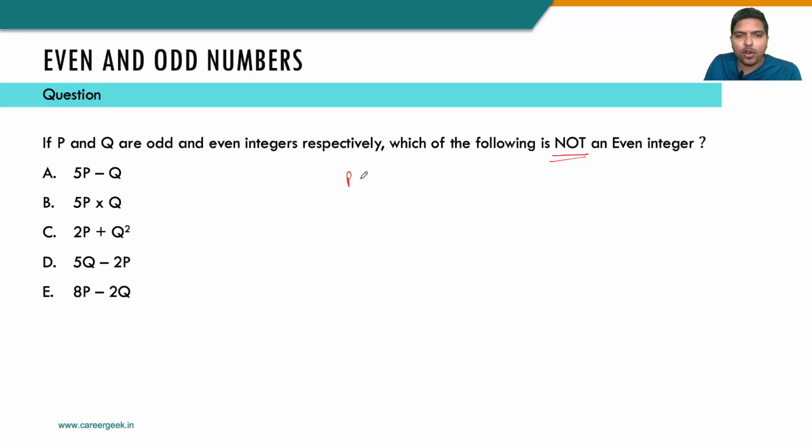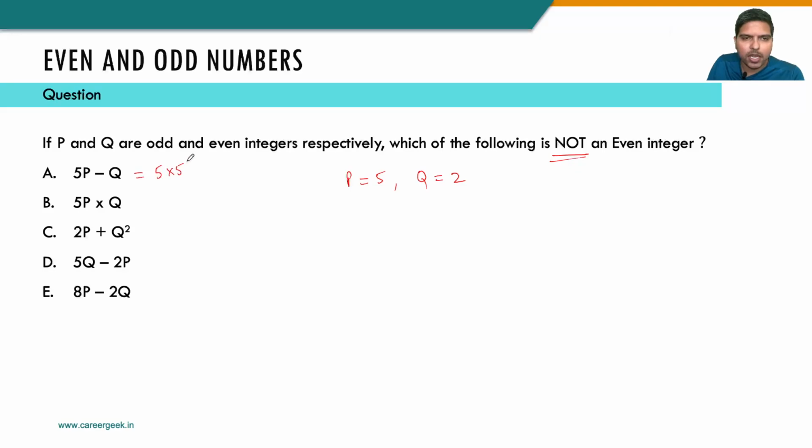P they're saying is odd for sure, so let's take P as 5. Q is even, so I take either 2 or 4, anything. Now this is easy for me to substitute and check. I can go by the definition that odd is 2n plus 1 or 2n minus 1, and even is 2n, but I prefer this. So when I substitute, I need to check which one is not an even integer. So I'm looking for an odd integer, right?